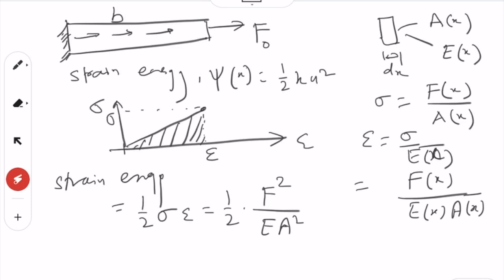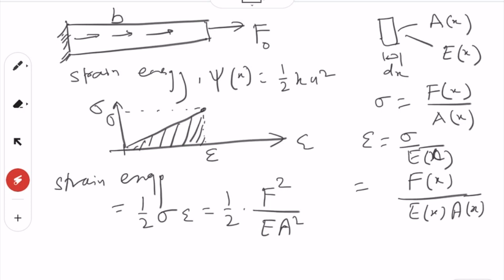So we can also write this as half sigma. We are writing it now in a convenient manner so that we can also have some kind of derivative as well.